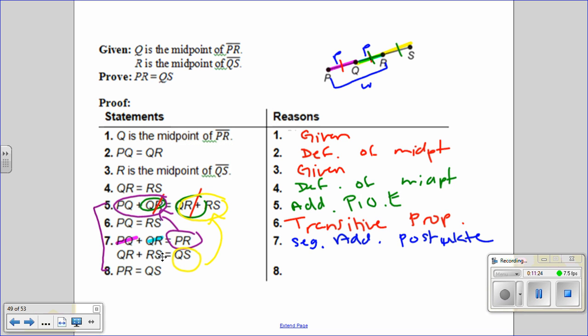So we essentially substituted those simpler segments, the PR and the QS, in place of the more complicated segment pieces. And so we use the substitution method, because we basically took the equation in statement 5, and instead of PQ plus QR, we replaced it with PR. Instead of QR and RS, we replaced it with QS in yellow. So that's why we say we use the substitution method.